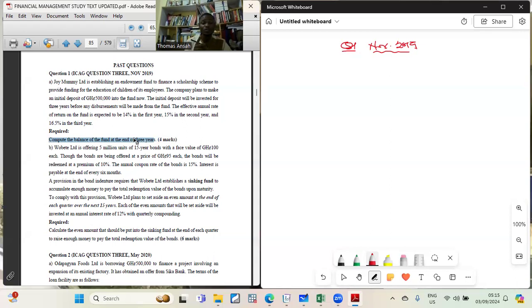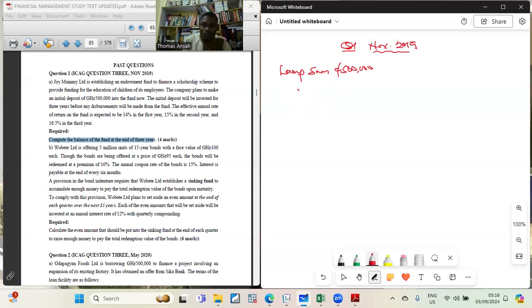What we are seeing here is that the person is doing one sum deposit, so it's a lump sum of 500,000. The question is asking us to find the future value of a lump sum, but the rate is changing. We have a rate for each of the years.